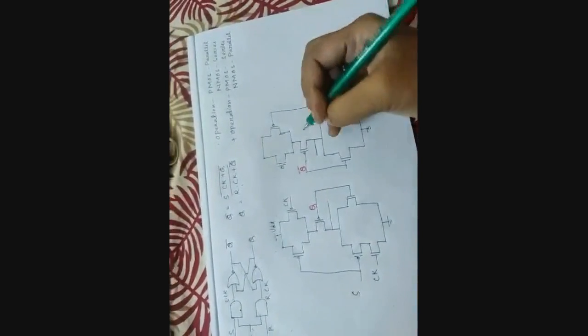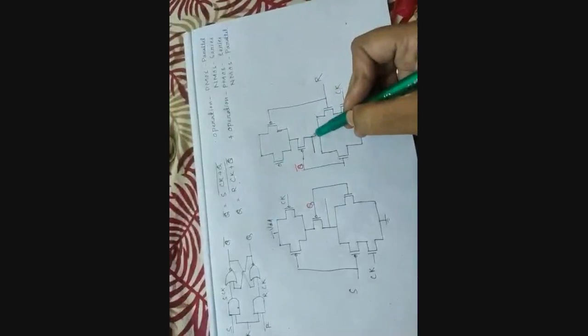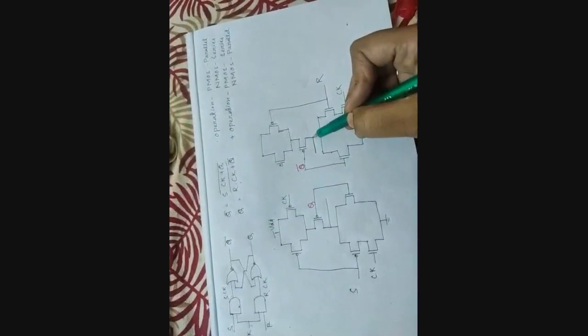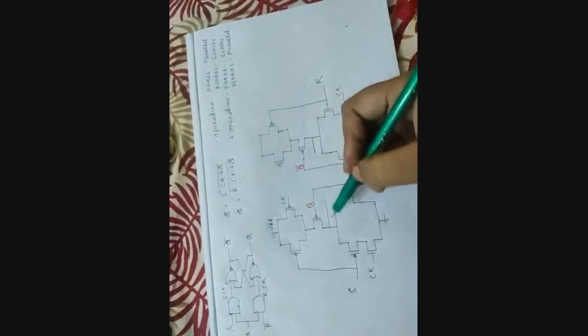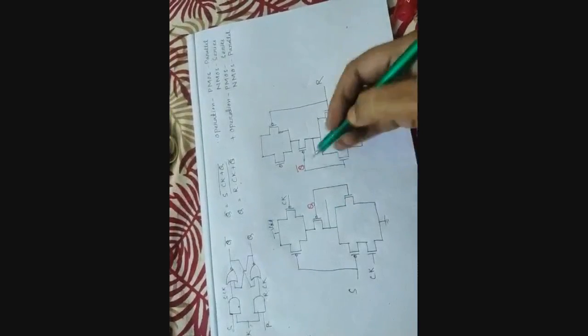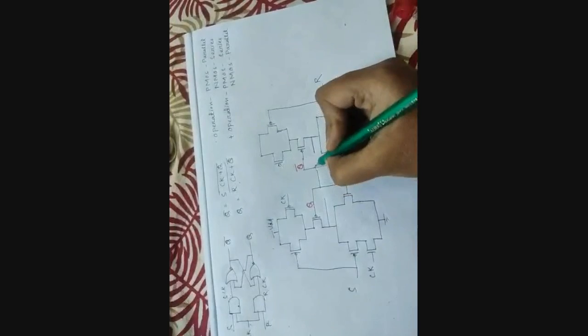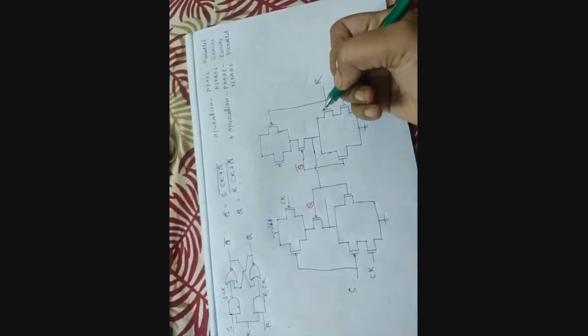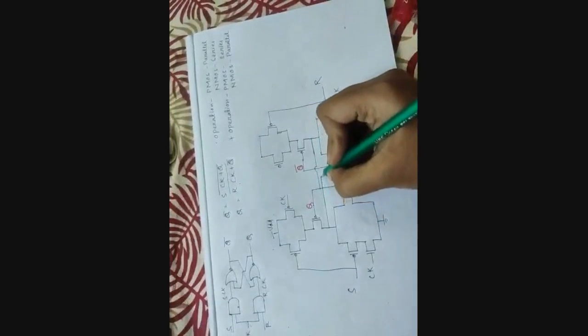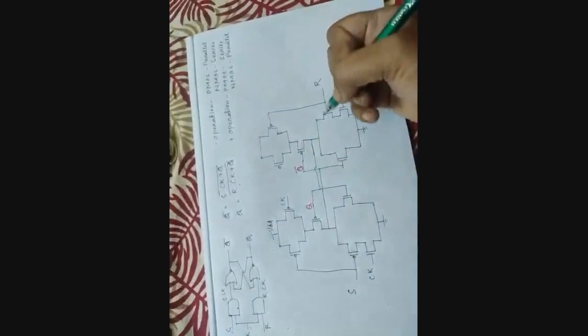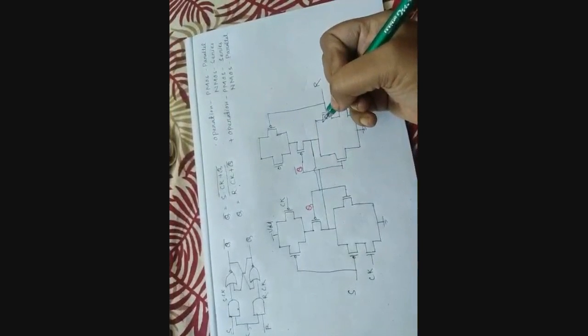The output of this circuit is connected with the input of this circuit. Here we connect the output with the input of this circuit, and here it is connected to the input of this circuit.